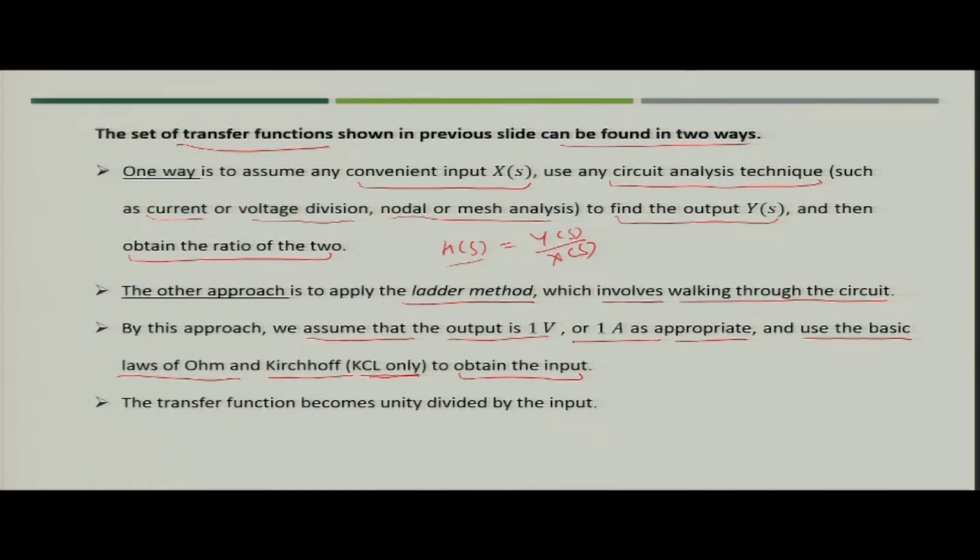It means that we start from the output and, using the circuit, find the corresponding input for that output. Then the transfer function is Y(s) upon X(s). Again, here Y(s) would be unity, so 1 upon X(s) would be the transfer function for this particular case.